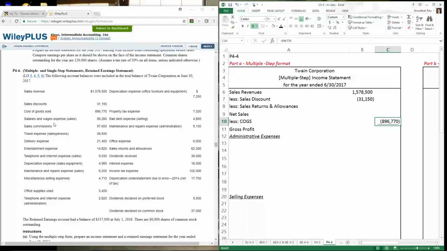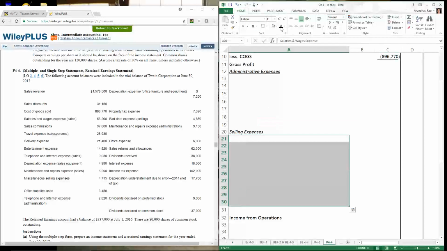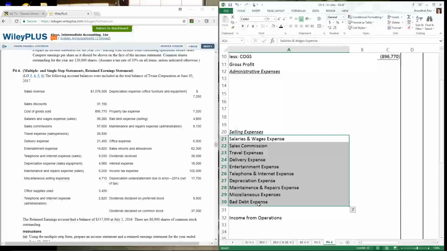All of these have been identified as selling expenses. We don't need to do that. They've told us that, so I'm going to group them over here. And I've gone ahead and added the next item that is also selling expense, which is your bad debt expense. Okay, so I put those over here.